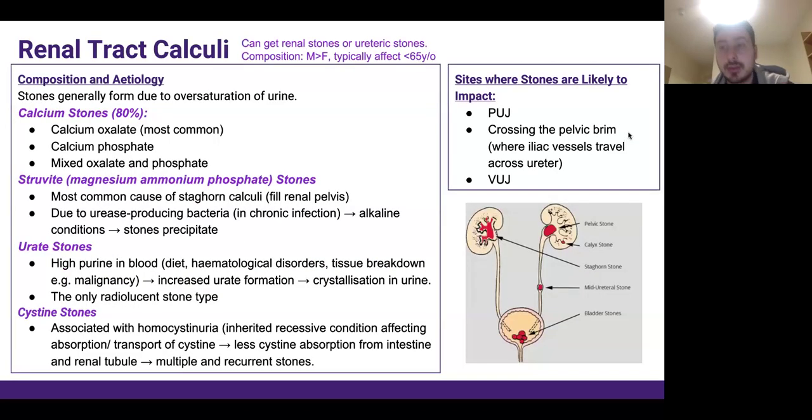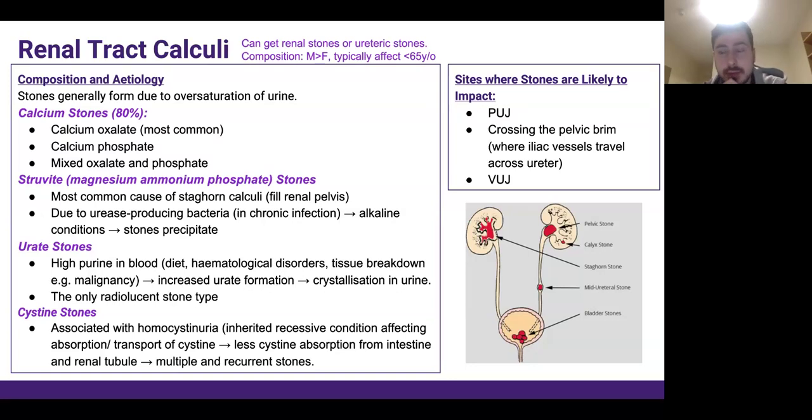So before we go into the etiology, investigations and management, it'll be useful to talk a bit about the composition of renal tract calculi. So generally, these form because of dehydration resulting in oversaturation of urine. The most common are calcium stones. Of these, the calcium oxalate are the most common, and slightly less than that is calcium phosphate, which is around 10%, I believe.